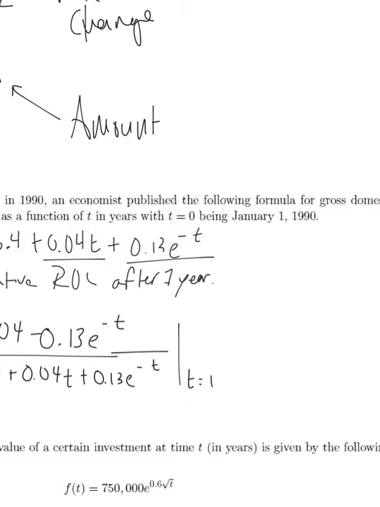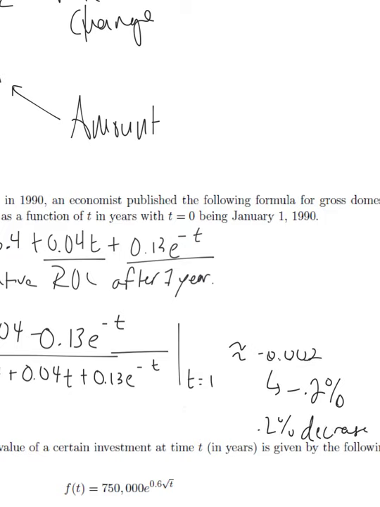And what you're going to end up with when you plug this in is about a negative 0.002, which will correspond to a negative 0.2%, or a 0.2% decrease relative to the total amount, right?